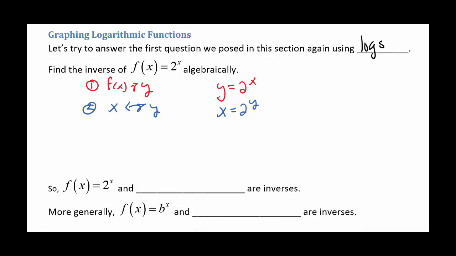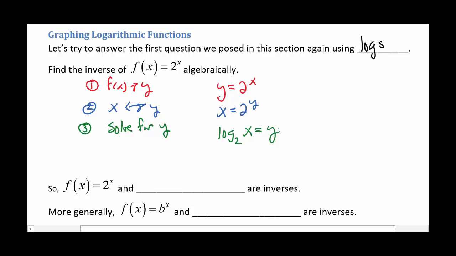Then we are going to solve for y. And in this case, we have a way to convert it. If we convert this from its exponent form to its log form, what's the base of the log? It's base 2. X and y switch places, so log base 2 of x equals y.